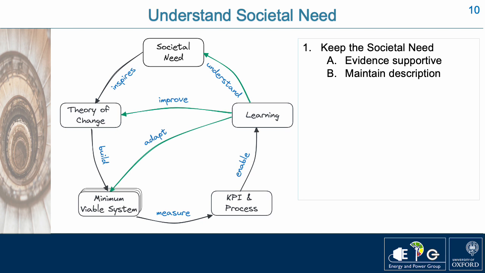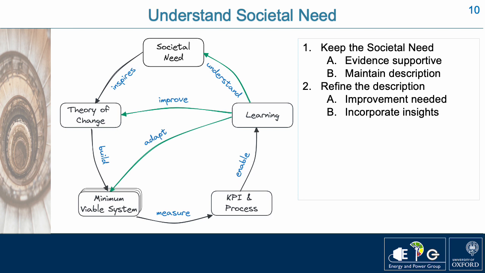Refine the description of the societal need. A. Rationale. Insights from the process indicate that while the current description is generally correct, it could be enhanced for greater clarity and precision. B. Action. Undertake refinements to the description of the societal need, incorporating newfound insights to improve its articulation.